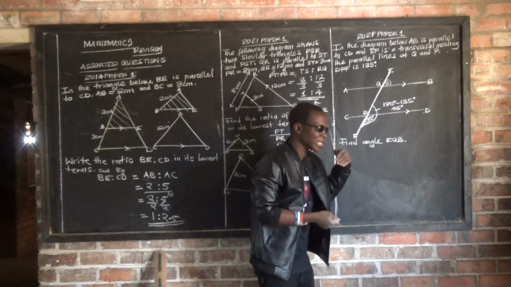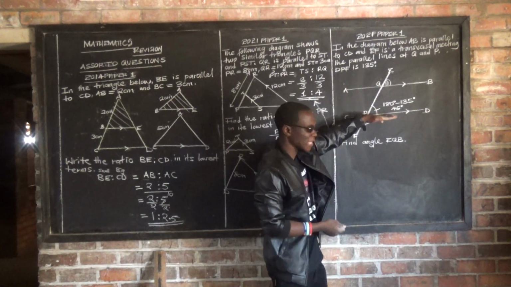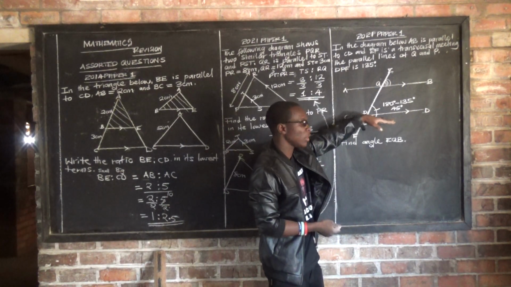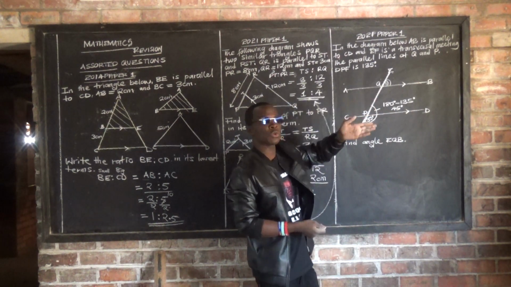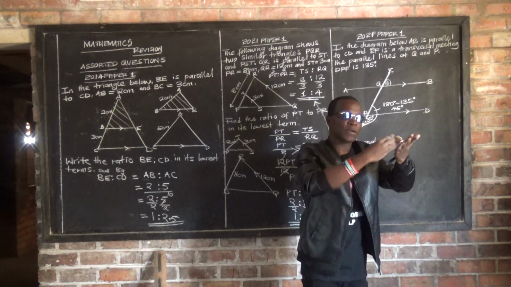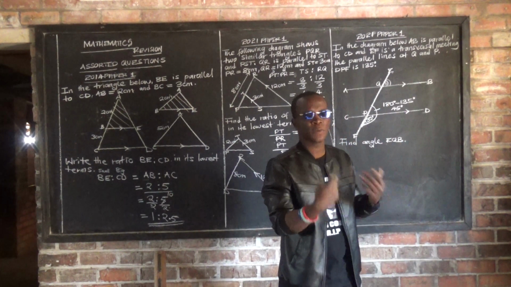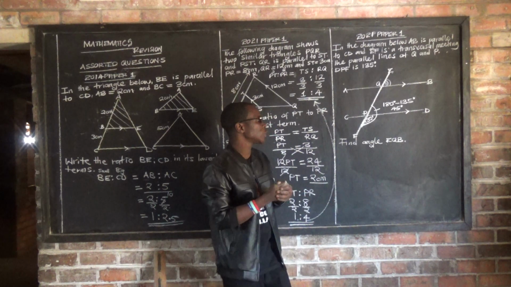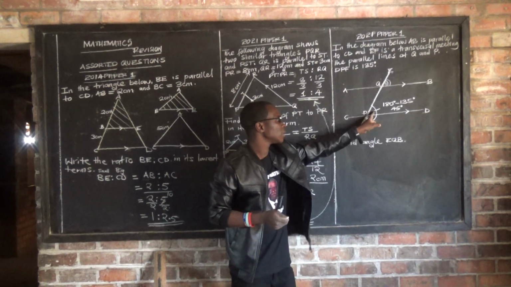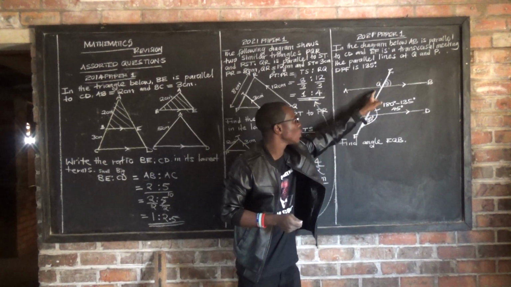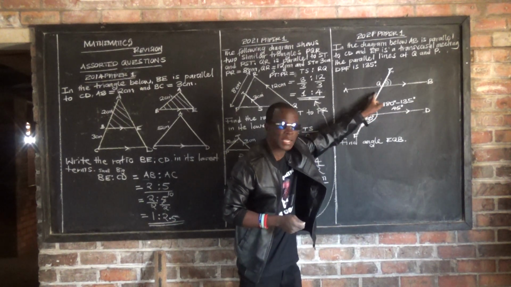Now, since we know that these two lines are parallel, we know that there is a property which states if two lines cut a transversal line, alternate angles are equal. Even corresponding angles are equal. So which ones are alternate angles? This one and this one. These two are alternate angles. They are equal.